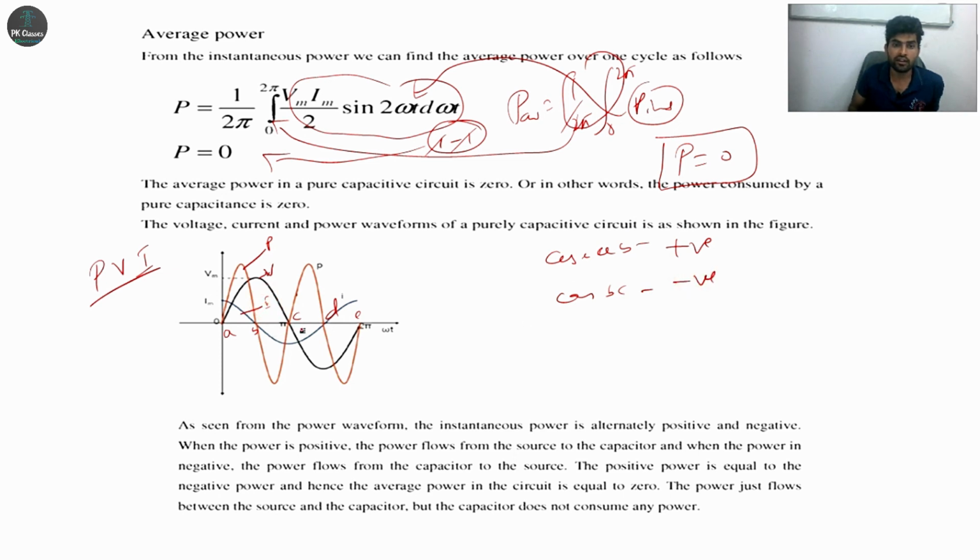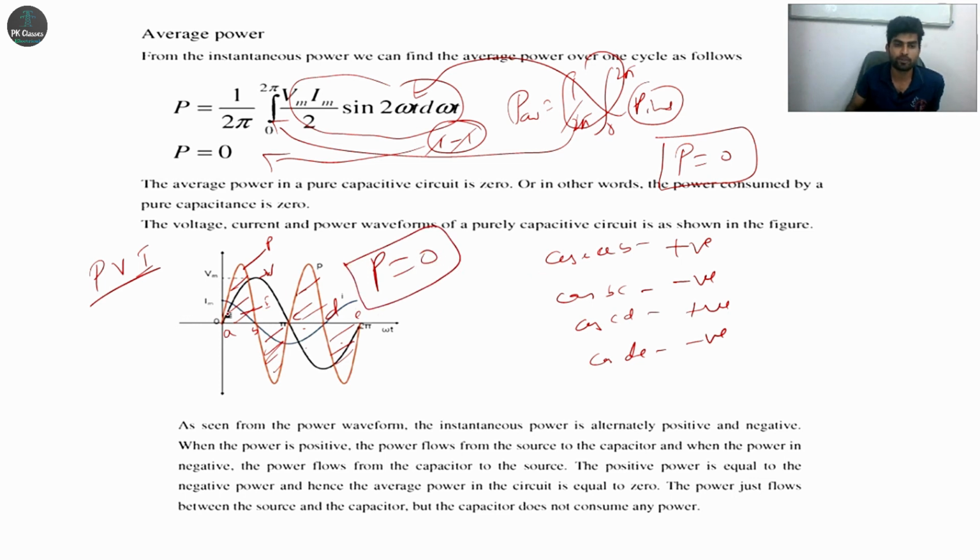C to D, negative voltage and negative current, so positive power. D to E, negative current and positive voltage, so negative power. Positive power equals negative power in one cycle, so the average power becomes 0. The power consumed by the capacitor is 0.